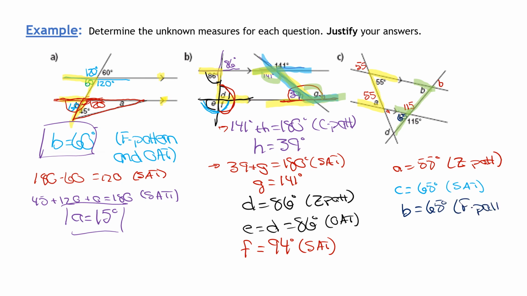Now, did you get D on your own? It's the hardest one on this example. Were you able to get D on your own? D's a little challenging because it's not at one of the parallel lines, so I can't use those parallel line theorems.